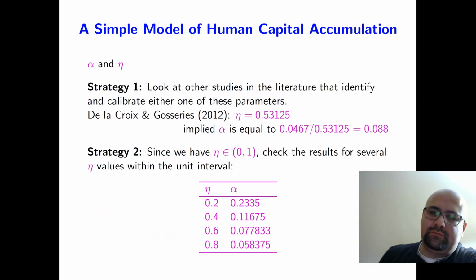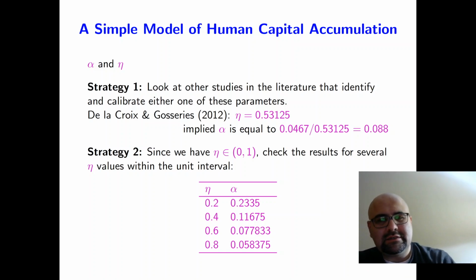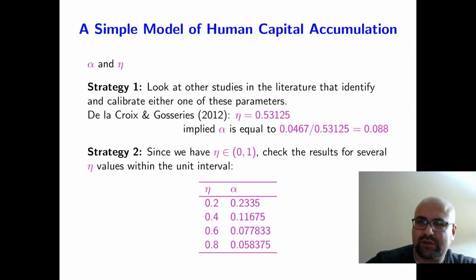Okay, now how to put more information? Well, in general, we have two strategies. Either we're going to look at the literature that offers a calibrated value for one of these parameters. Okay, and this is used very frequently by many researchers, but careful ones and good ones, of course, look at the examples that use the same production function, same utility functions, etc. All right, because there must be some overlap between the two papers.